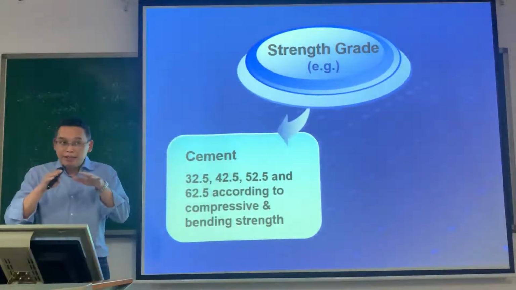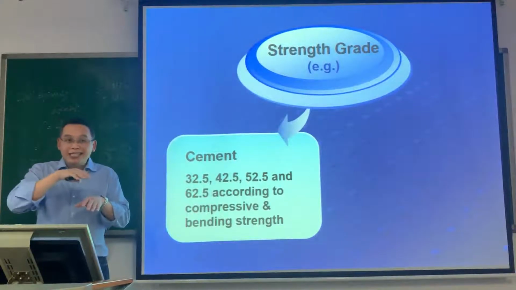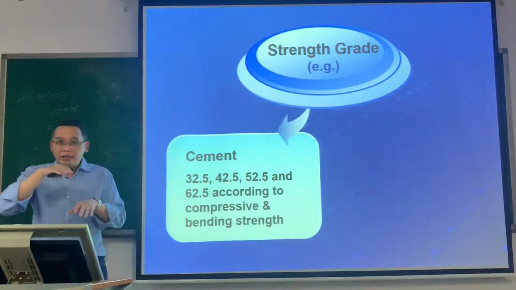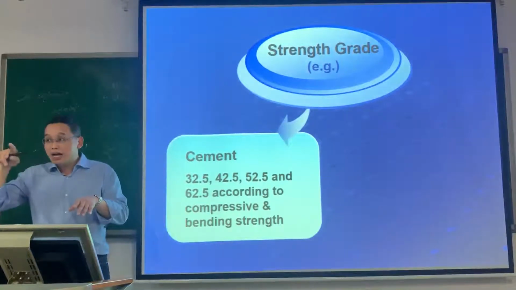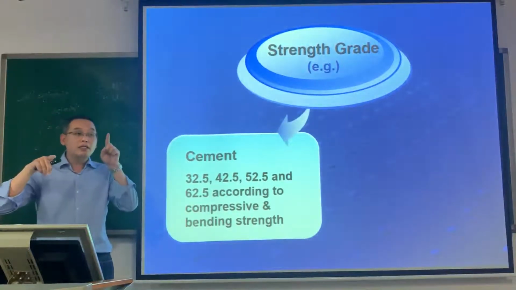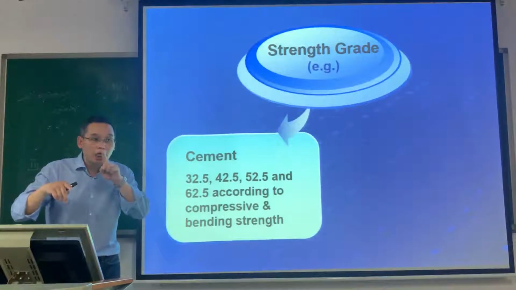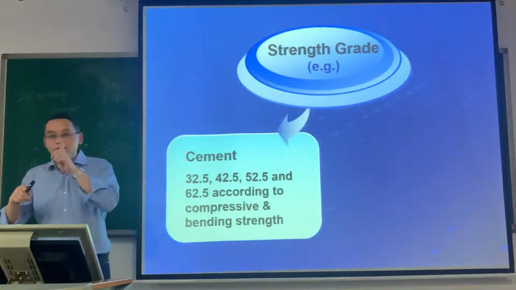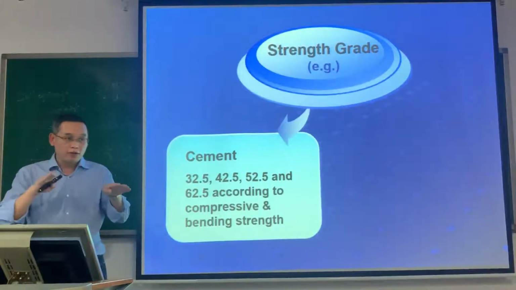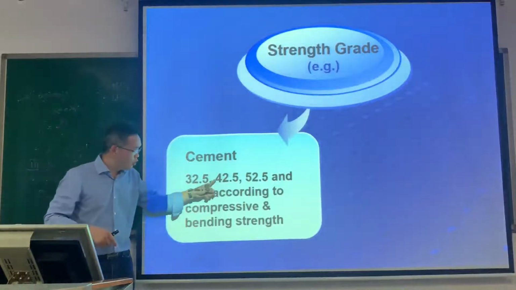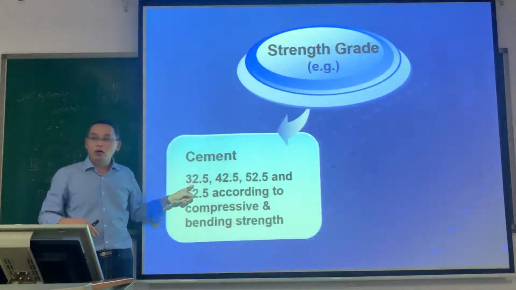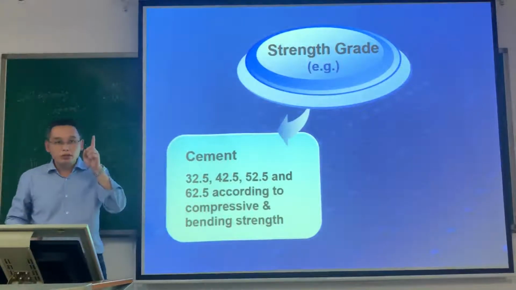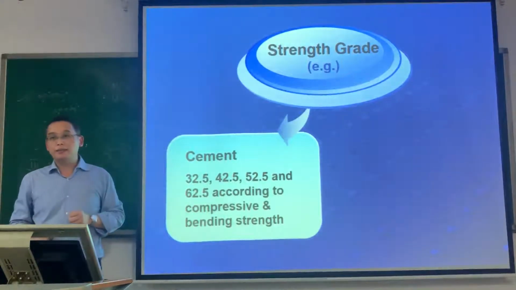But we just mentioned the strength of the cement or concrete is developed. The strength after 1 day and the strength after 1 week are different. So, what does this number mean? It means after 28 days.